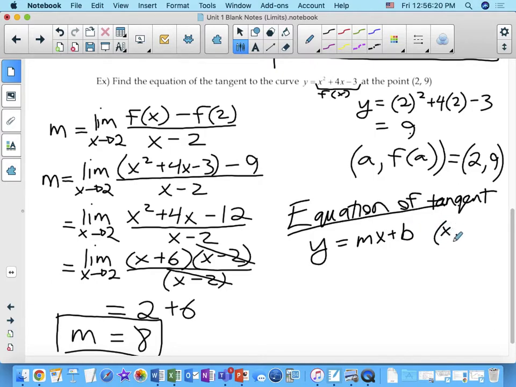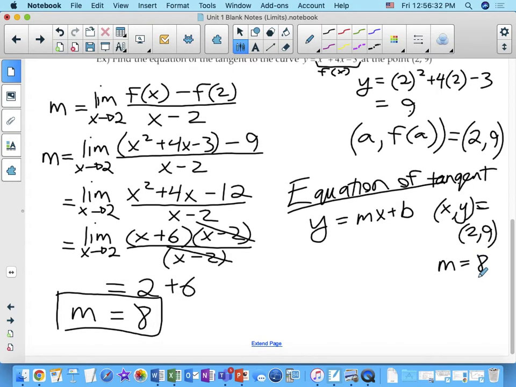We've got an xy point, which is 2, 9, and m is 8. Okay, so we can just sub those values in and solve for b. So we can sub in a 9 for y equals m is 8 times 2 plus b.